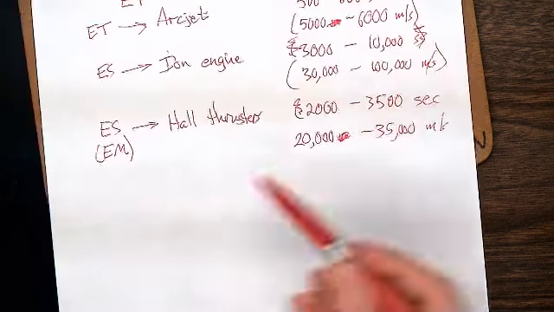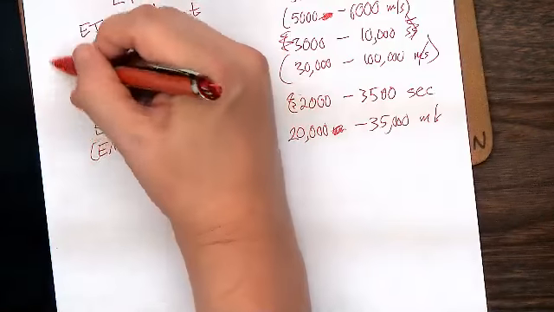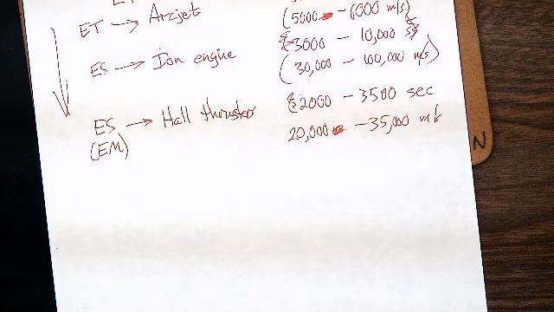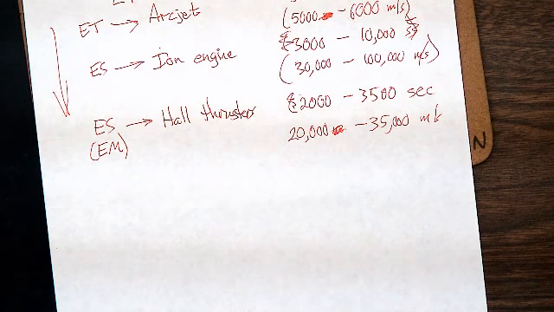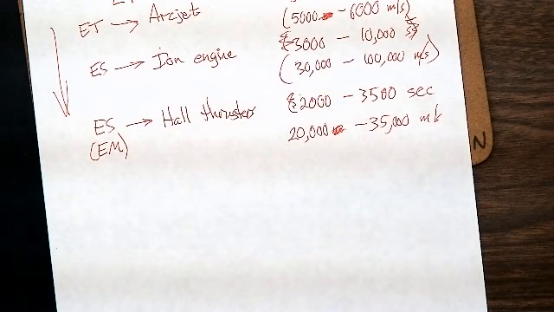So that is what drives people to head this direction when it comes to delivering payload to anywhere other than like low Earth orbit. Going from LEO to geosynchronous orbit, it takes quite a delta V, so EP thrives for that as well.